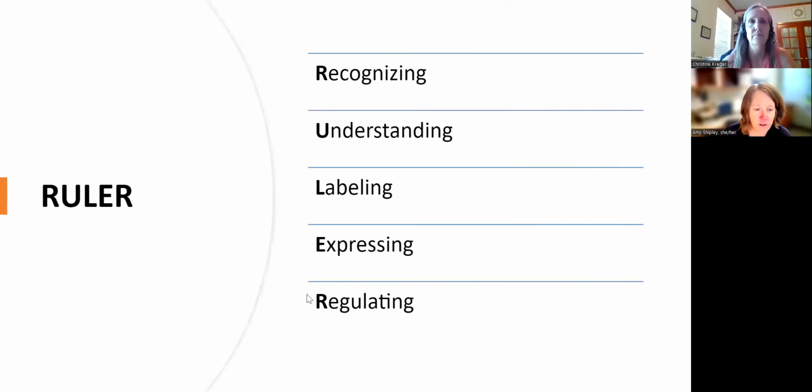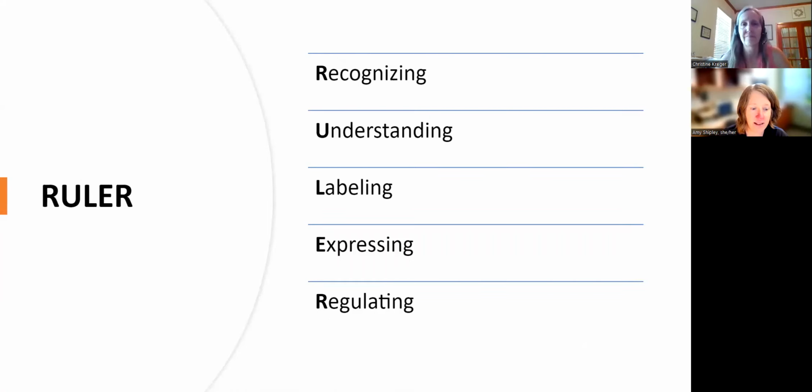In his book, Permission to Feel, Marc Brackett shares an acronym for skills related to emotional intelligence that fit well for both the personal and social competencies. On page 6 of your playbook, you can see the RULER acronym, and I'll tell you what those stand for. R is recognizing emotions in oneself and others.